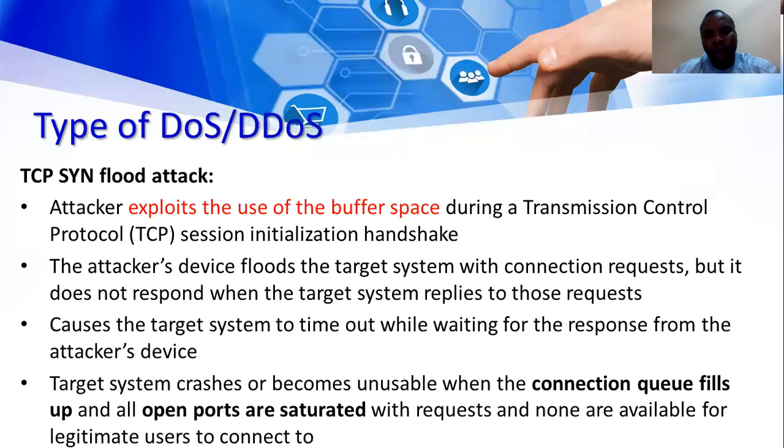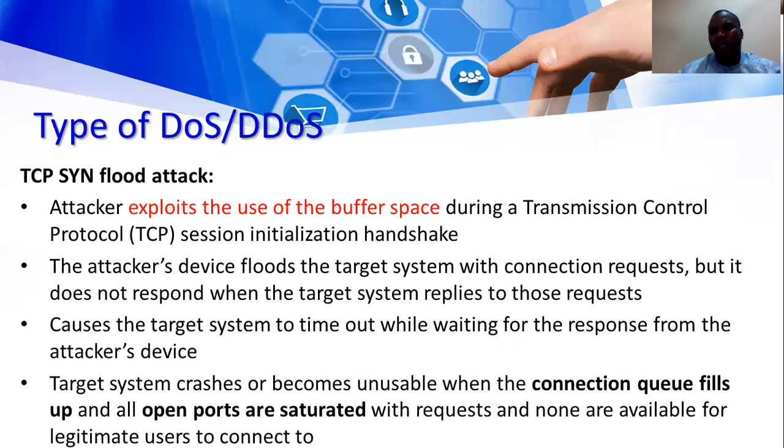What are the types of DoS or DDoS? We'll first look at the TCP SYN flood attack. Remember, we said that a DDoS or DoS attack involves flooding the targeted systems. In this kind of attack, attackers exploit the use of the buffer space during a TCP session initialization handshake.